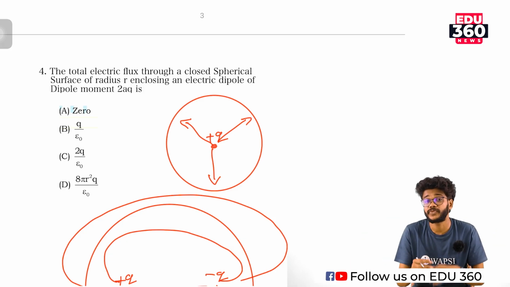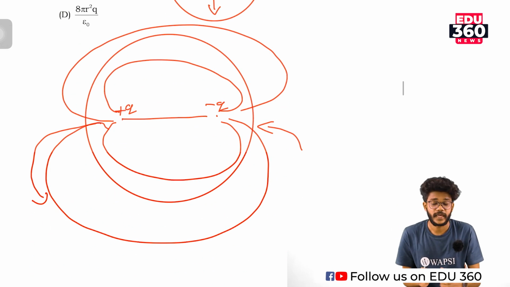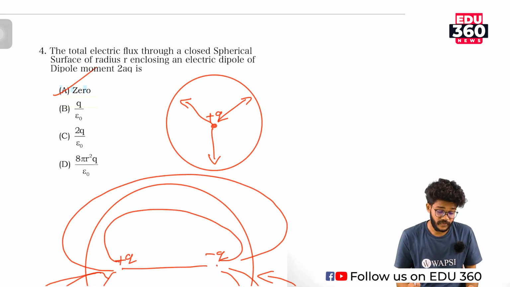That's why the electric flux is maximum in that case, and in the case of a dipole there is no net flux. This is a very, very important question. So option A is the correct answer. The flux is 0.